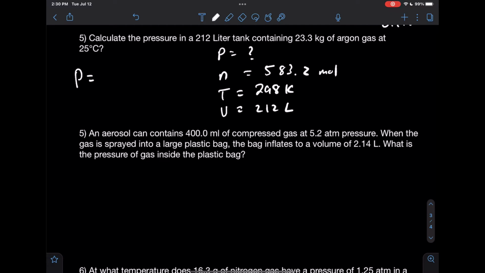P is equal to 583.2 times 0.0821 times 298 divided by 212. After solving this on our calculator, we'll find that P is equal to 67.3 liters.